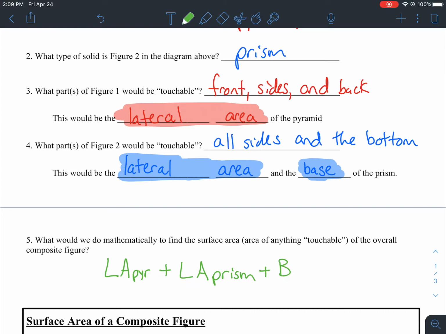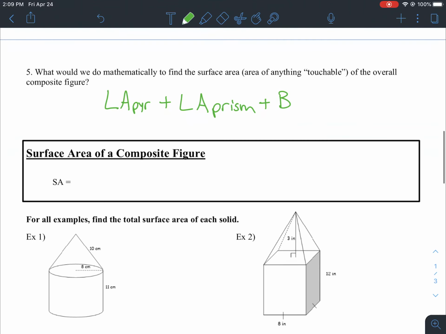And then I would just add the base, which is the bottom part of the house. If we add those 3 things together, that's going to give us the total surface area, or how much space is going around the outside of the shape.